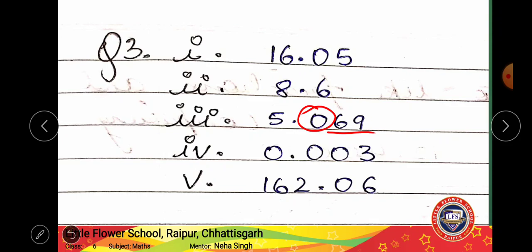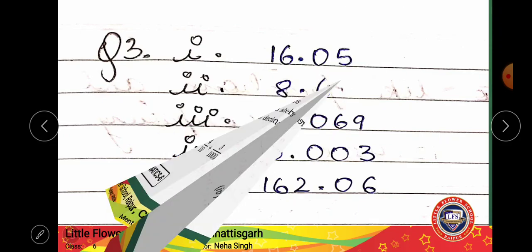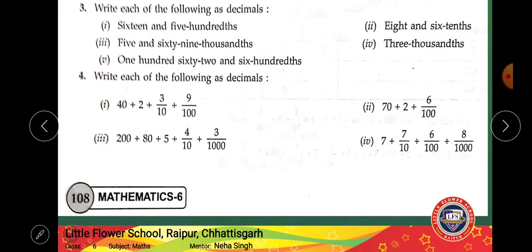So next, fourth, it is given only 3 thousandths, right?